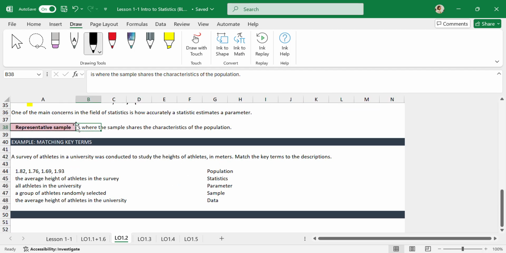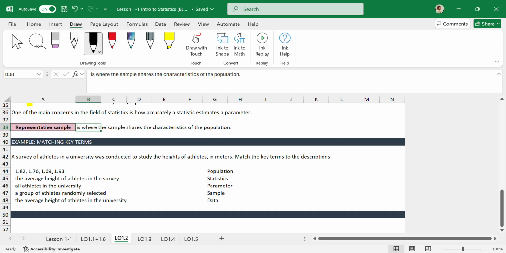Okay, so before we move on to that and what a representative sample is, we're going to do a short example. In this example, we're going to match up some key terms. This example is about athletes in a university, and they're trying to study their height in meters.